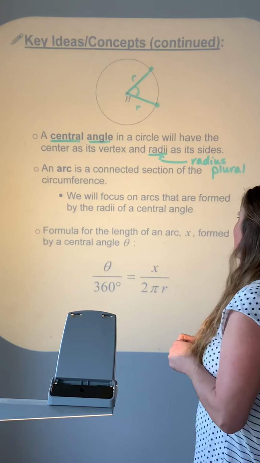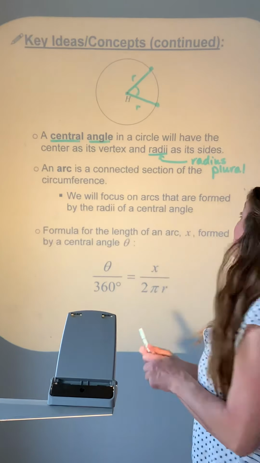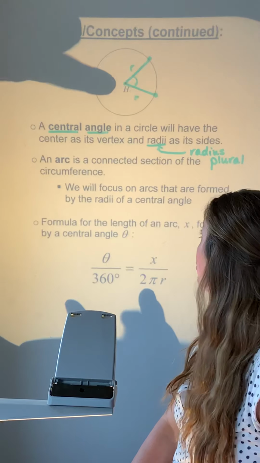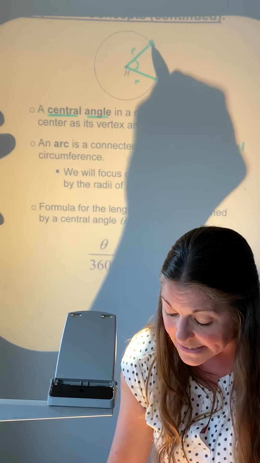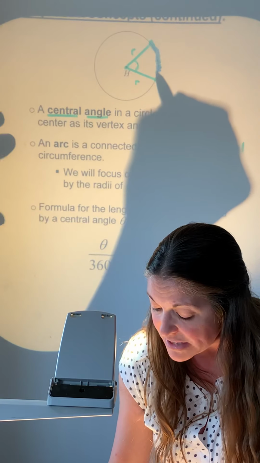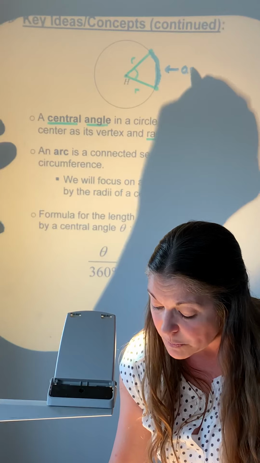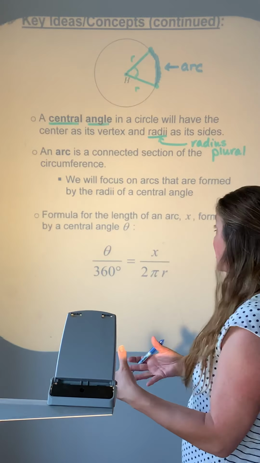An arc then is basically the connected section of the circumference, okay? And it's formed right there by these two radii. So the arc in this case, based on the ones we drew, would be this part right here. So just to be clear, this would be the arc. It's just part of the circumference.